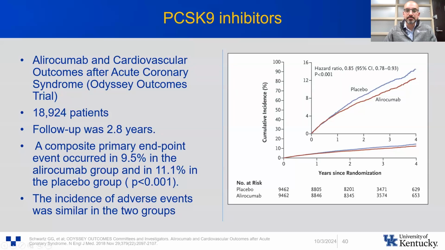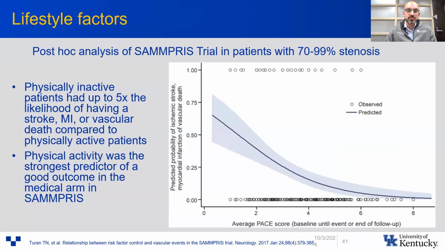The big factor was that patients who were on statin therapy and had a history of atherosclerotic disease, and were put on a PCSK9 inhibitor, had a lower rate of cerebrovascular events. These were FDA approved in 2015.